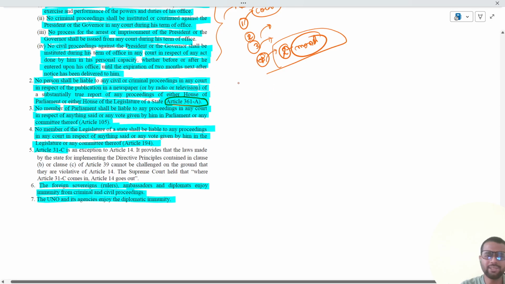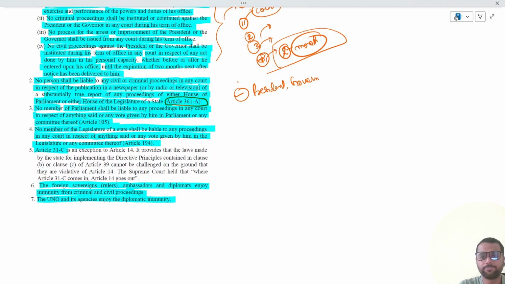So, to summarize, number one, the immunity is given to the president, then to the governor, then to the MP and MLA, then to foreign diplomats, not Indian diplomats, the foreign sovereign, and the United Nations Organization and its agencies.